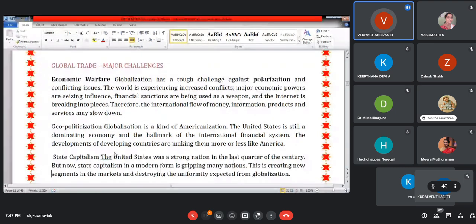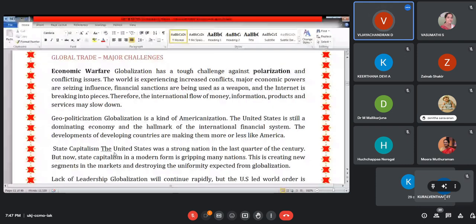Next, politicization. That is, I told, Americanization. So more, I told, in our India, out of 500 MNCs, 169, the majority of the companies are from USA. So that dominance will be there. That is known as geopoliticization.